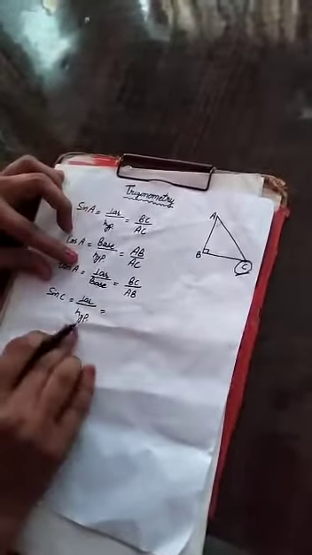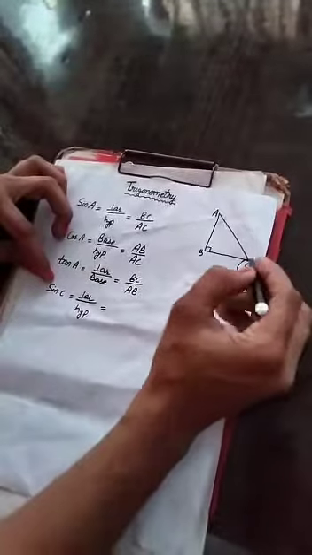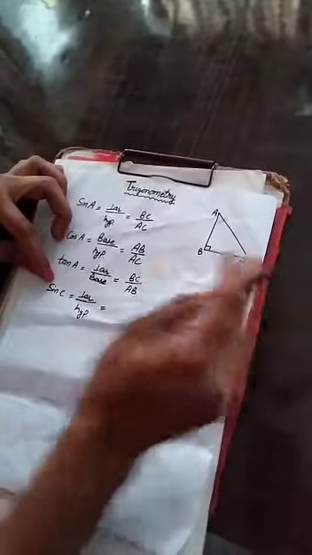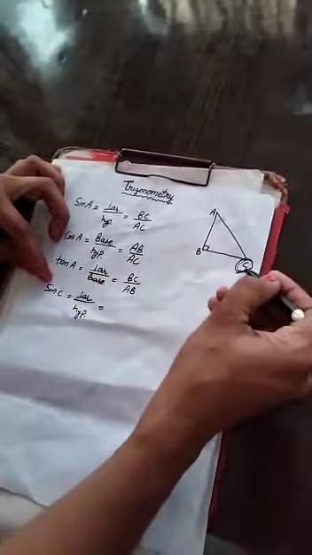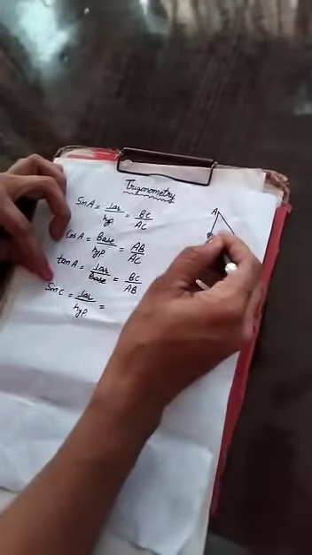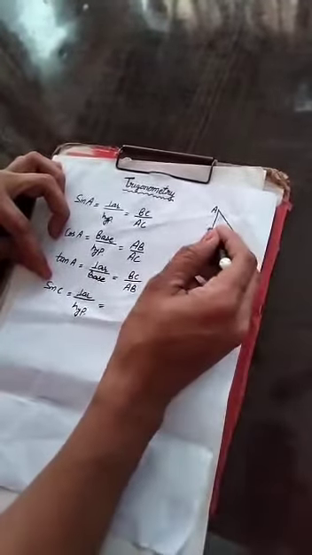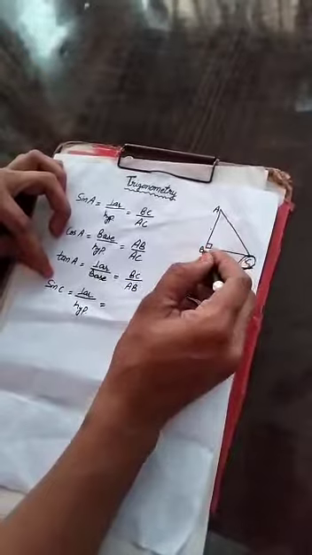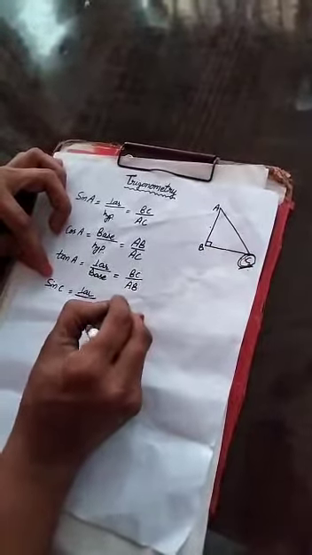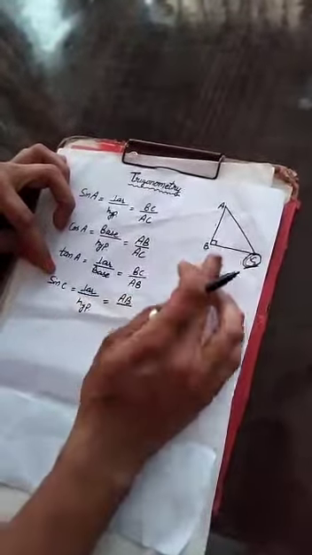So now we are talking about this angle C. Which side is opposite to this angle? AB is opposite to this angle. So perpendicular is AB, over hypotenuse, which is the same AC.